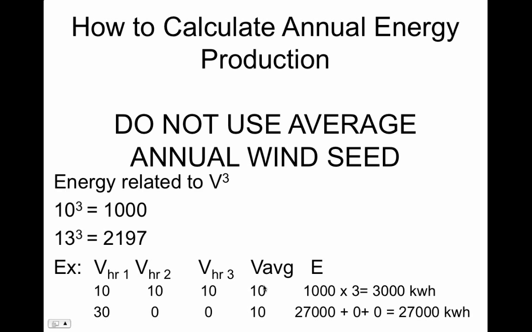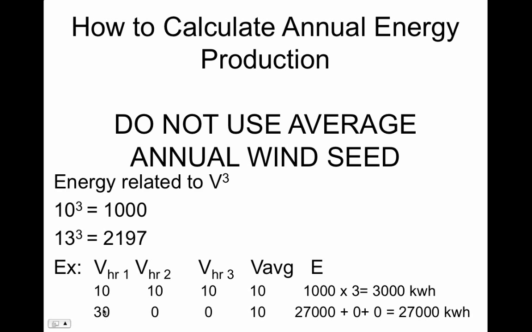The average would be 10 plus 10 plus 10, or 30, divided by 3, or 10. If we look at the kilowatt hours, at 10 the velocity cubed is around 1,000. So that's going to be 10 times 3, or 3,000 kilowatt hours, proportional to that.